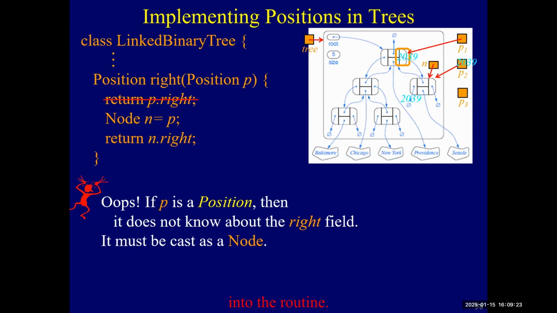So we bring it into the routine. Now, the problem with P in the routine is it's of type position, so you can't say dot right. So then you have to make a new variable, which is a node.